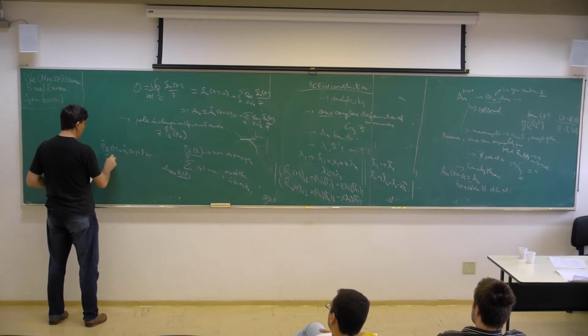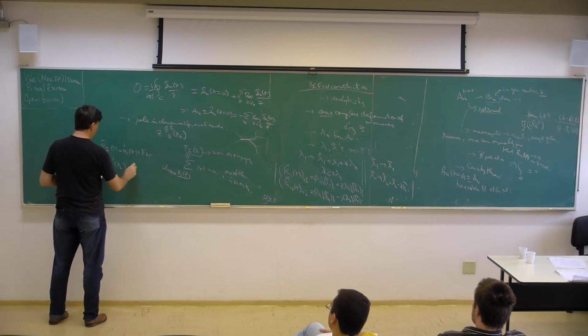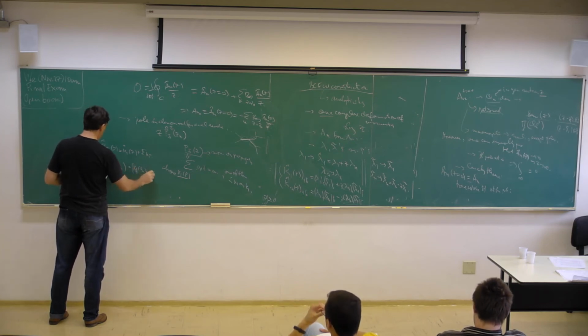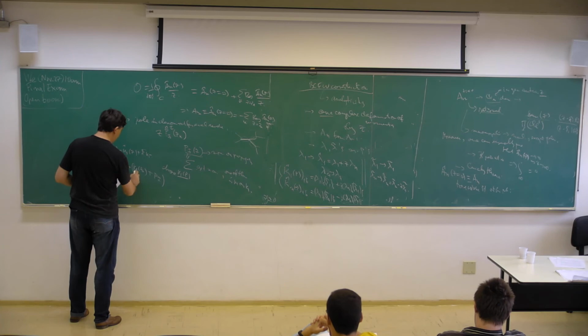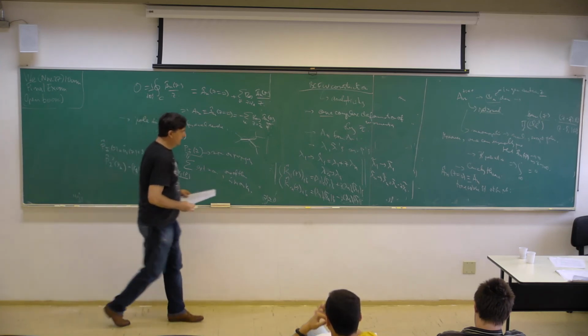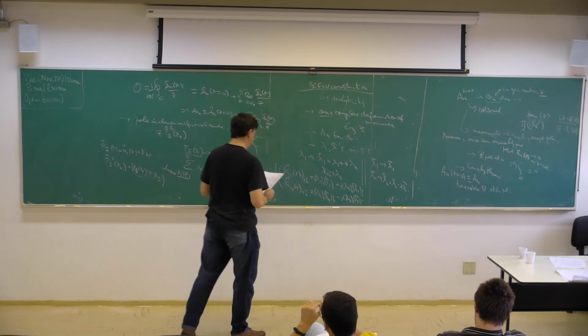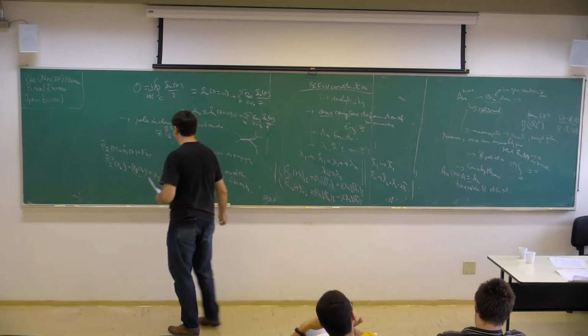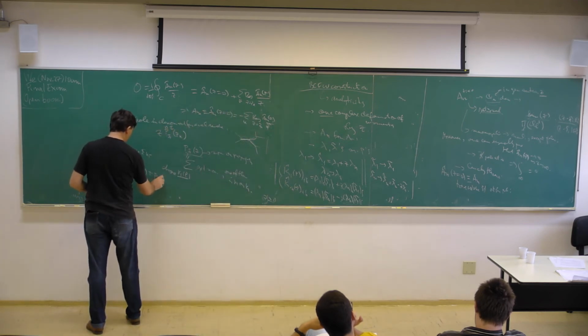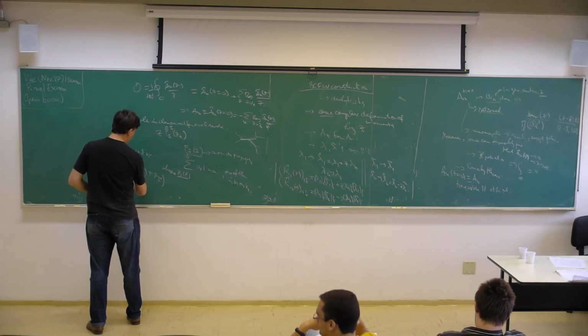Then P_i squared of z_k would be k1 hat of z_k plus the other part, which I will call just P_i, the part that is z independent, and then squared.